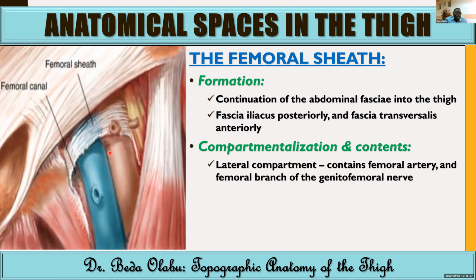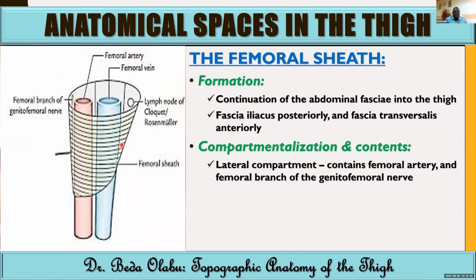The lateral compartment of the femoral sheath is the one that contains the femoral artery, this one. It also contains the femoral branch of the genitofemoral nerve. So in this image, we see the lateral compartment there having the femoral artery and the femoral branch of the genitofemoral nerve.